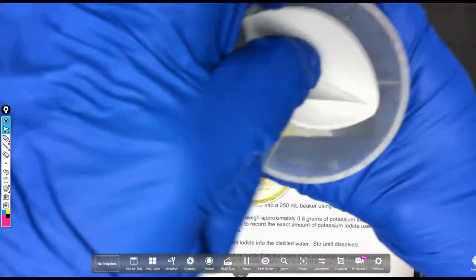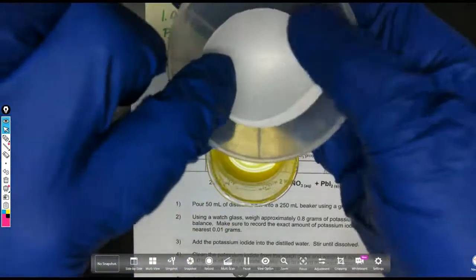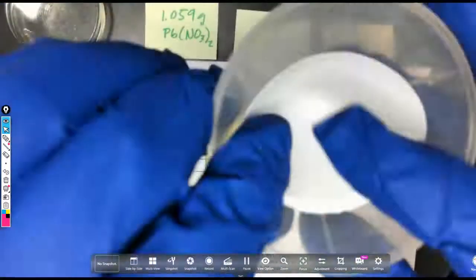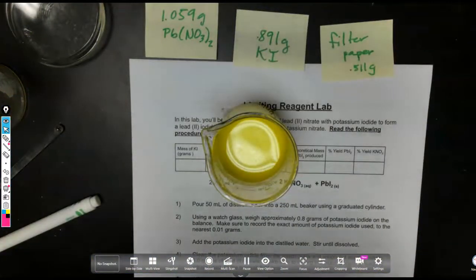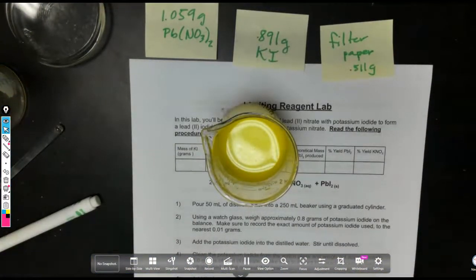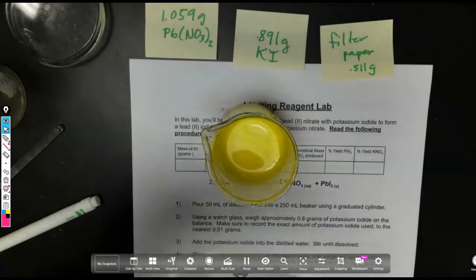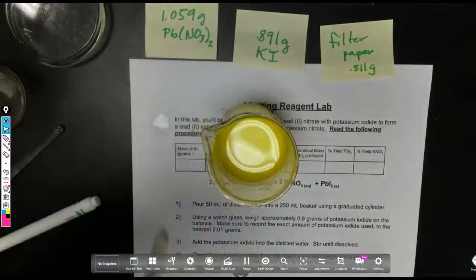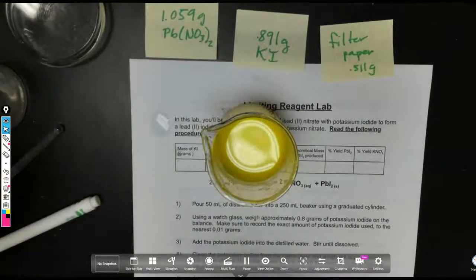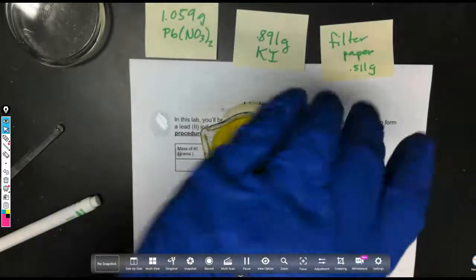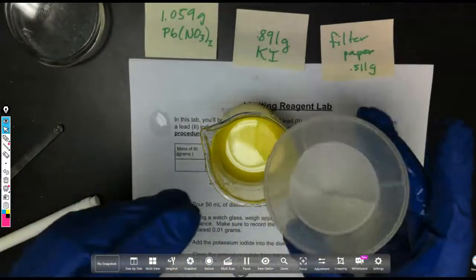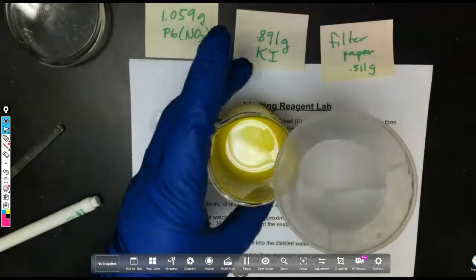Now to make it be a filter, I'm going to put 3 sides on one side and 1 side on the other. And I am going to go ahead and get this wet, because otherwise it won't stay in there. So what I've done so far then is I have gotten this wet. So you can see it is now wet. And so what I'm going to do is I'm going to filter this solution into another beaker.